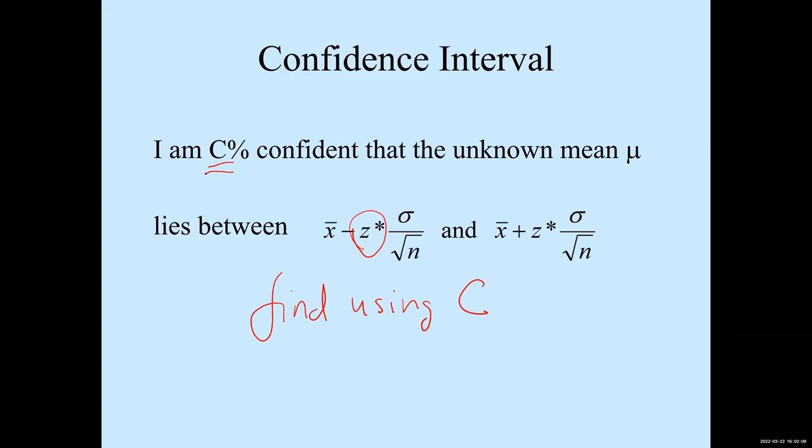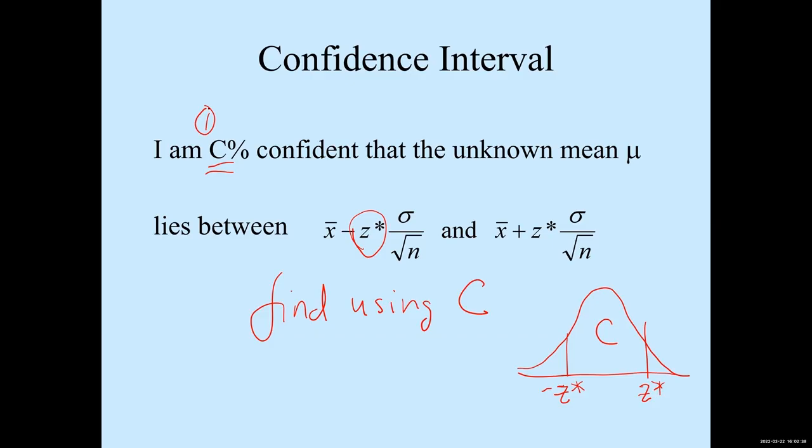We're going to have our standard normal curve here, and that C area is going to be in the middle. Then we're going to find these Z values based on that particular C, and those are going to be the Z star. So we first have to set our C, and then we'll find the values of Z star.